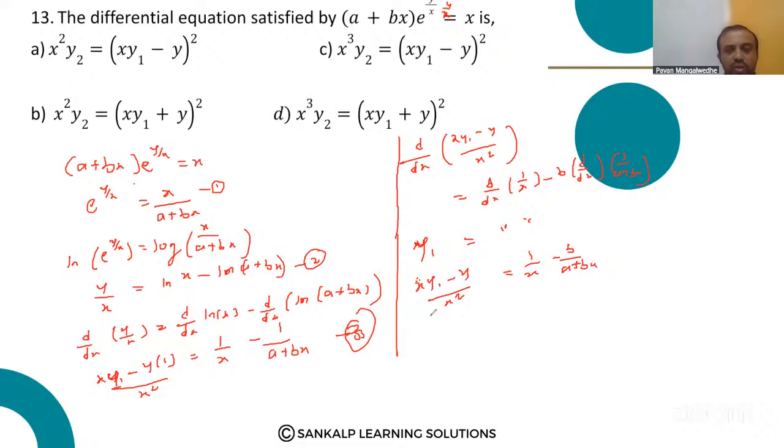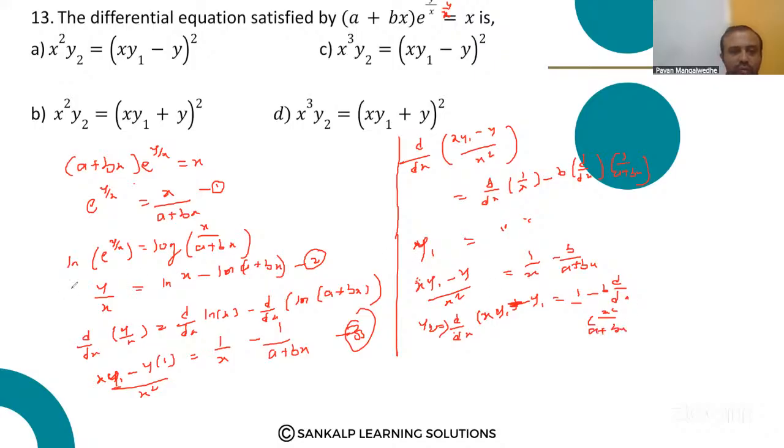So using this, we can take the differentiation one more time, that is y2. It is d by dx of x into y1 minus y1, which is equals to 1 minus b into d by dx of the second one, that is x square by a plus bx.